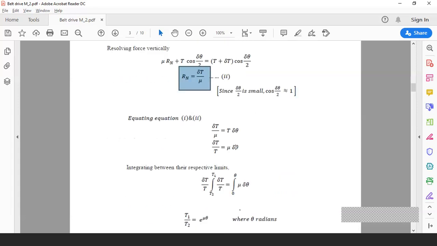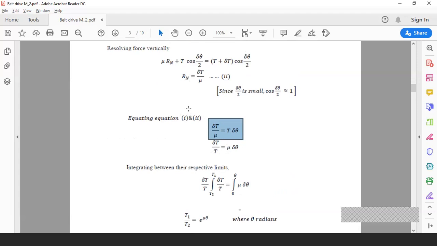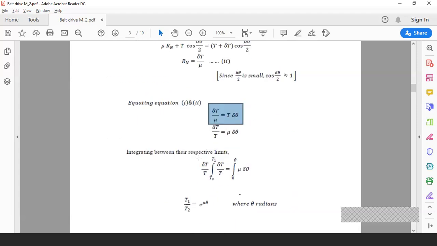So next, equating 1 and 2, we will get the equation like this, and taking log on both sides, we have to get the total tension or the overall length. Therefore integrating these two equations within the limits, T2 to T1 as the lower and upper limits, and here theta from 0 to theta is the angle of contact.